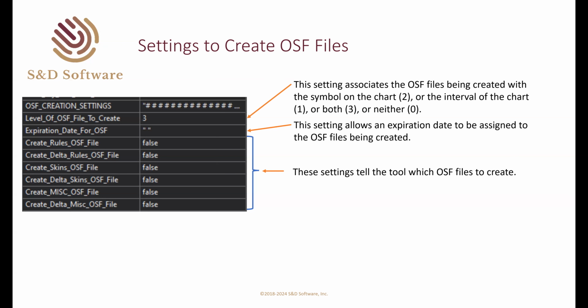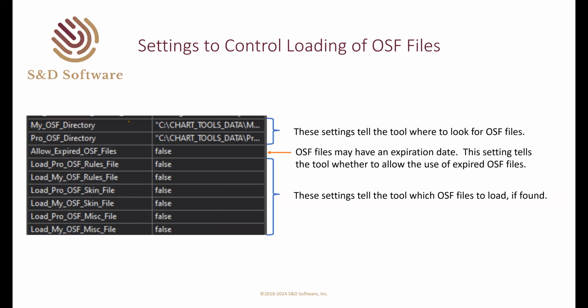We can go back there and see that. Say right up here. So if you create a my OSF file, which is a personal OSF file, it's automatically going to be created in whatever directory you have specified here. And this directory is used for both loading as well as creating OSF files.